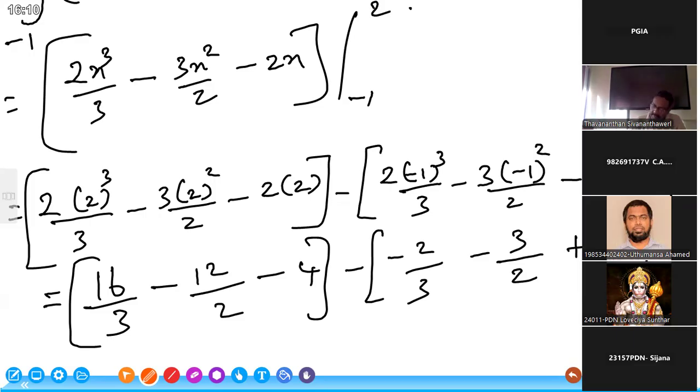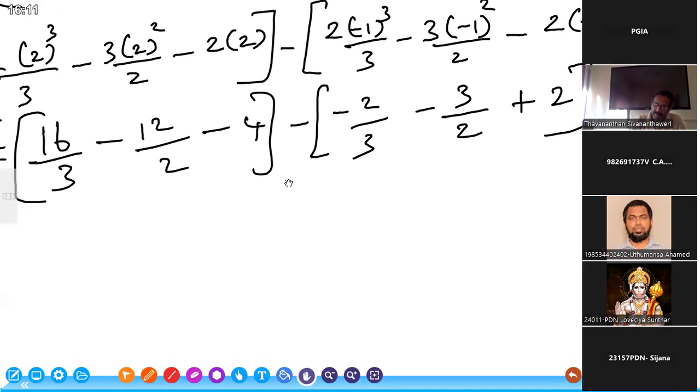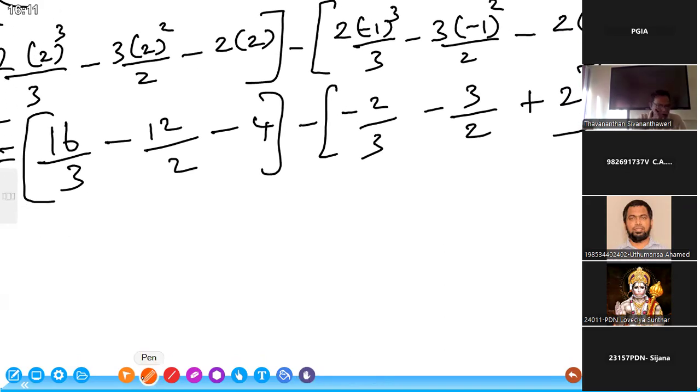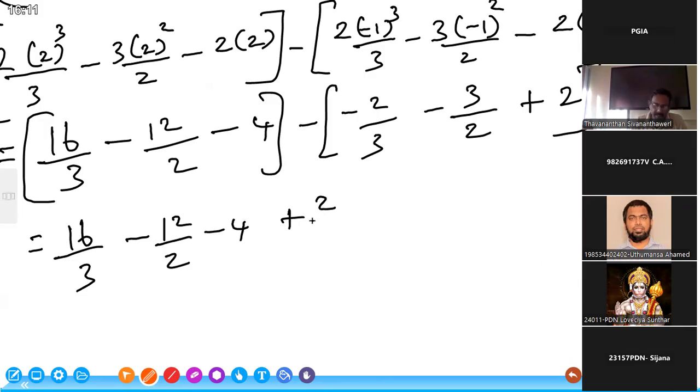Got it? Now solving further: 16 by 3 minus 12 by 2 minus 4, plus 2 by 3 plus 3 by 2 minus 2.